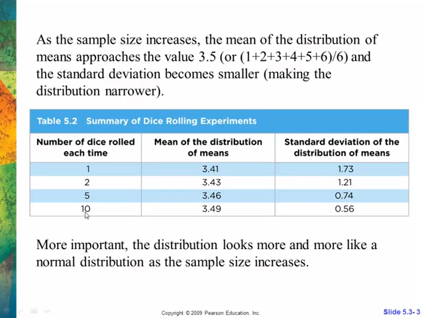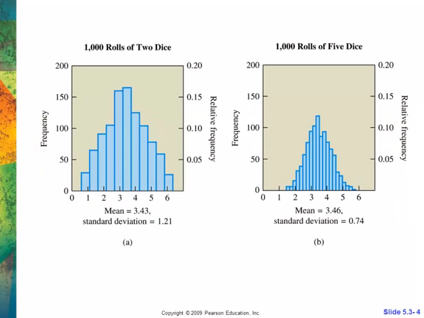With 10 dice, they got an average of 3.49. So the means get closer and closer to the expected mean, and the standard deviations get smaller and smaller. As we get bigger samples, we get closer to the normal distribution.